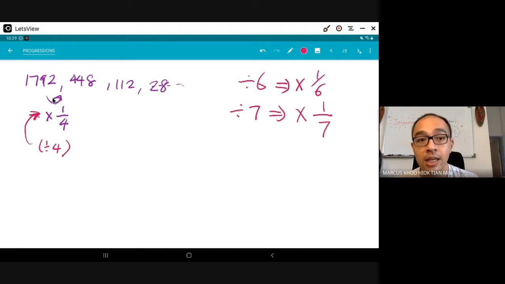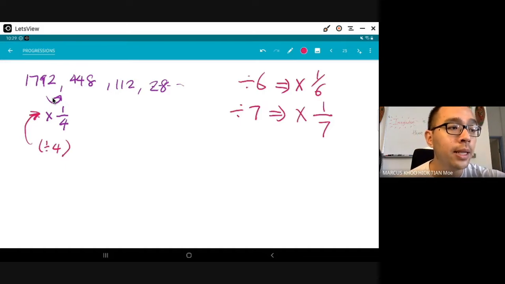Because later when we learn the formula, this number becomes very important. I only want times only, I don't want divide. So good that now at the beginning we change our mindset. Now we don't talk divide already. We talk about times 1 over whatever number that we divide. Plus minus no problem, arithmetic progression no problem. But in geometric progression, everything is times. It's just times number or times fraction.